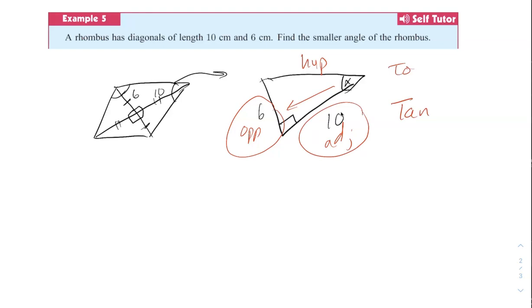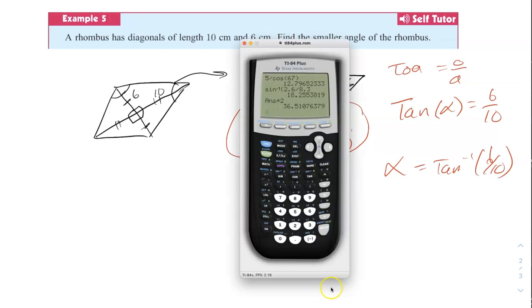TOA. So tan is opposite over adjacent, so in this case tan of my angle would equal 6 over 10. We're going to do tan inverse to get rid of it. Take tan inverse of both sides. And we would get, let's say, about 31.